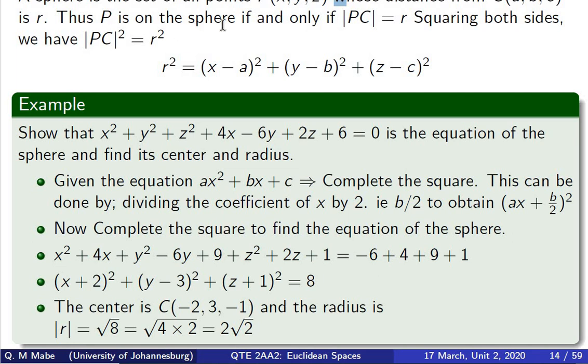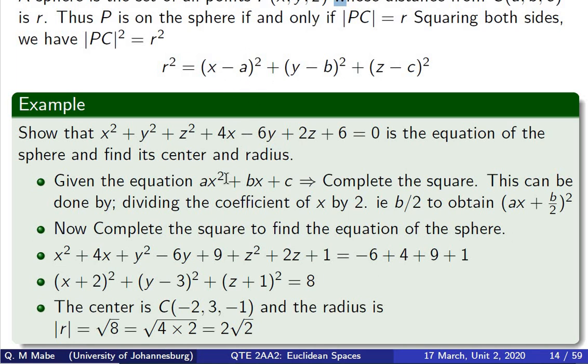So P is on the sphere if and only if PC is equal to r. When we square both sides, we end up with PC squared is equal to r squared. So the equation of a sphere is given as r squared is equal to (x minus a) squared plus (y minus b) squared plus (z minus c) squared. So this is how an equation of a sphere looks.